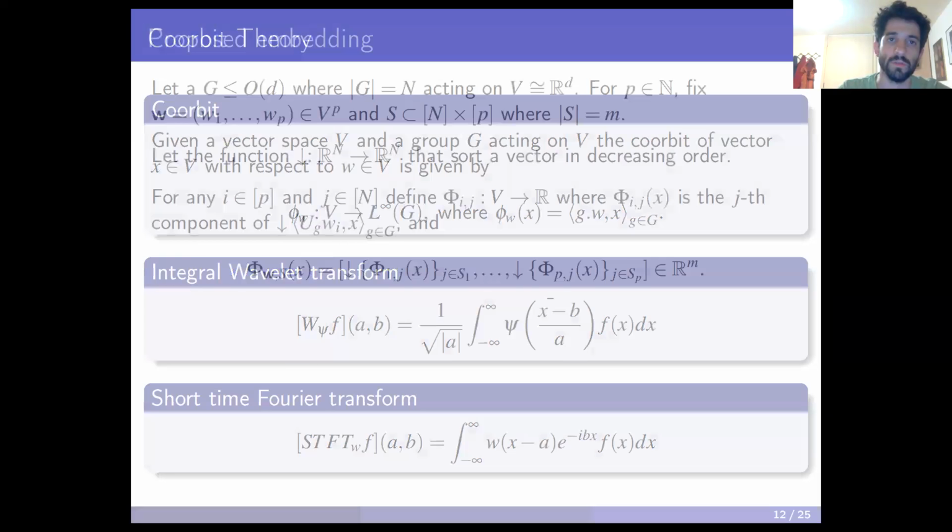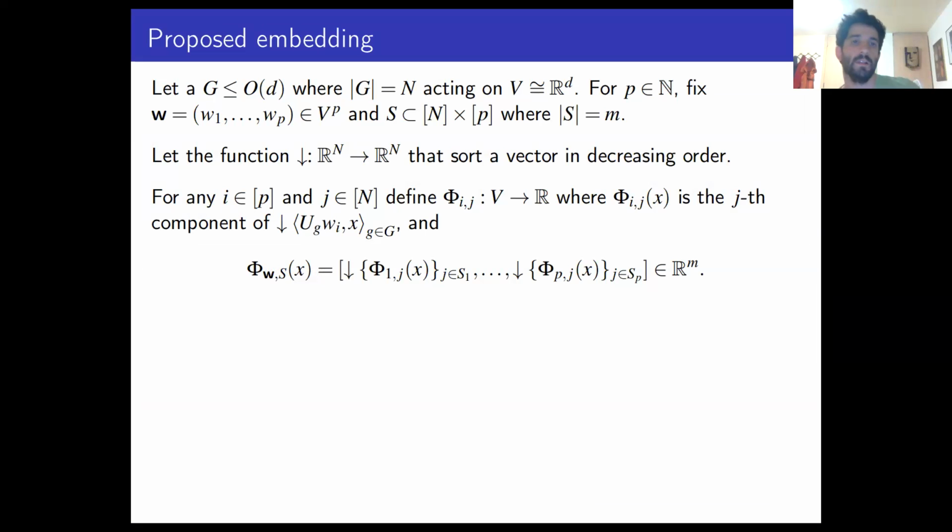So now let's see our proposition. Let G be a finite subgroup of the orthogonal group with cardinality capital N acting on R^D.